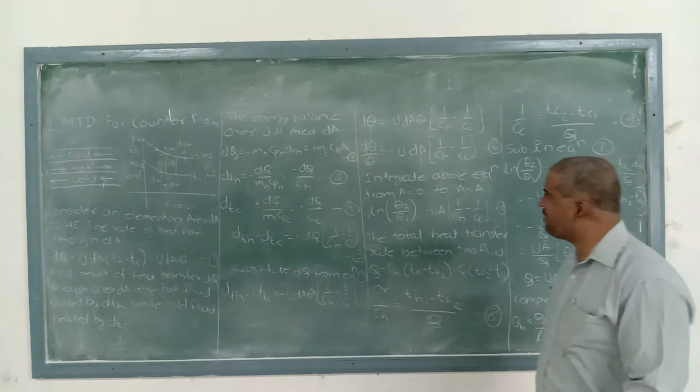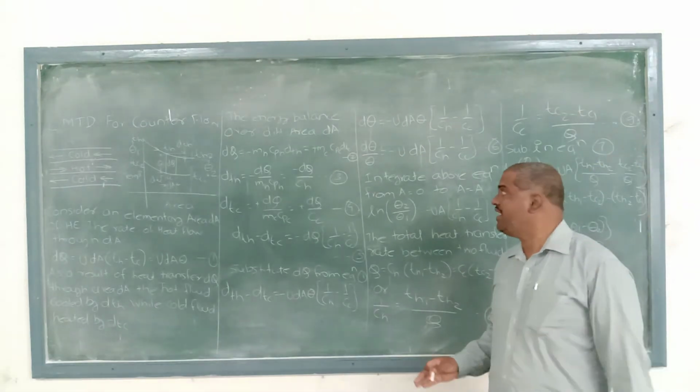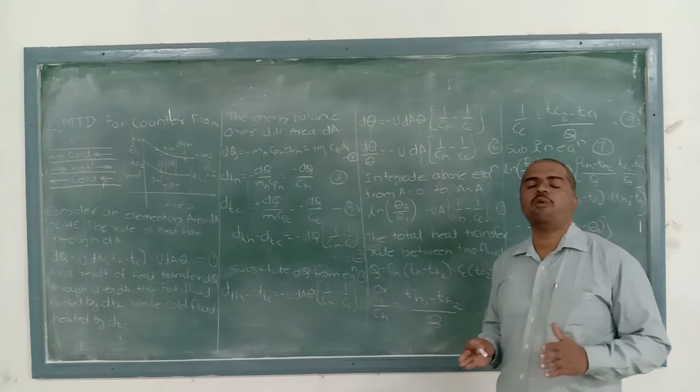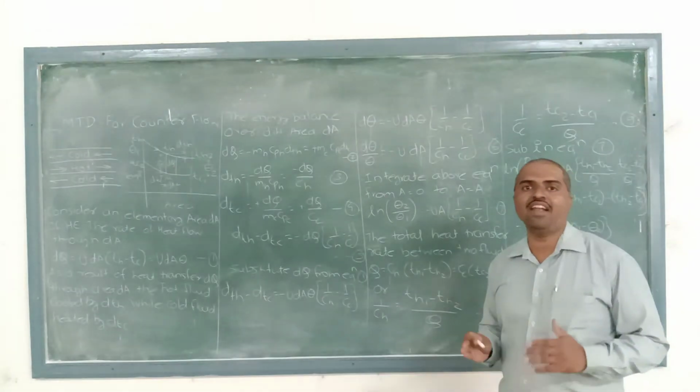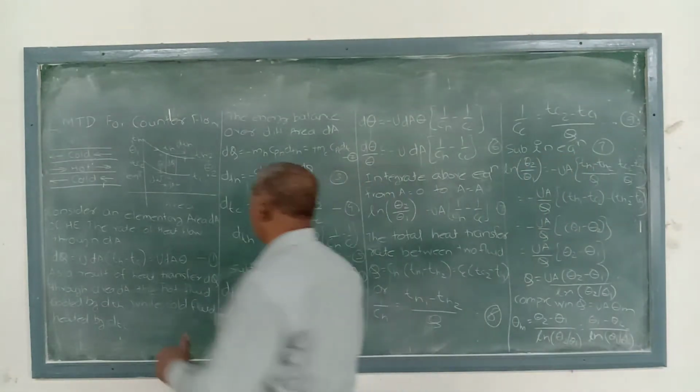After observing equation number 6, we find that this is the small elemental area change, and we have to calculate it for the overall.